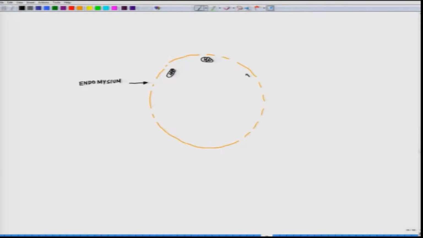And there are a lot of these kind of organelles which from your very basics you will remember, these are the mitochondria or the powerhouse of the cell.